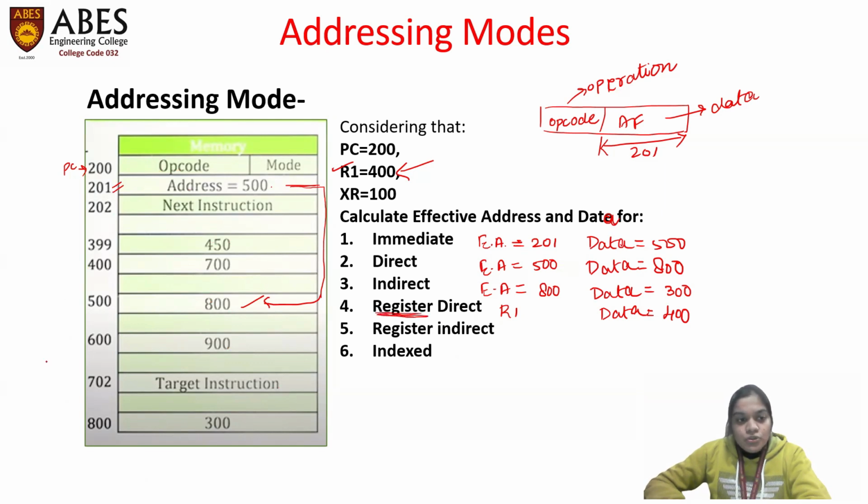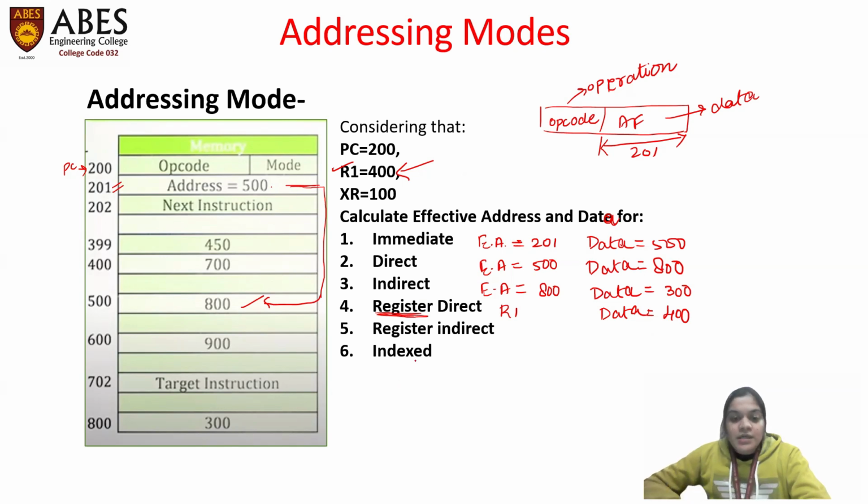So we are not showing the register over here, but we are considering that there is a register set on which there is location R1, and that R1 has the data 400. So the effective address is R1, data is 400, which is stored in that particular register.